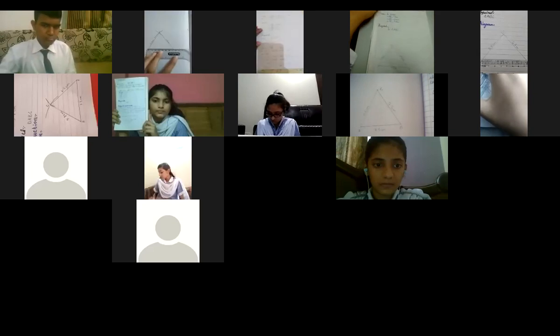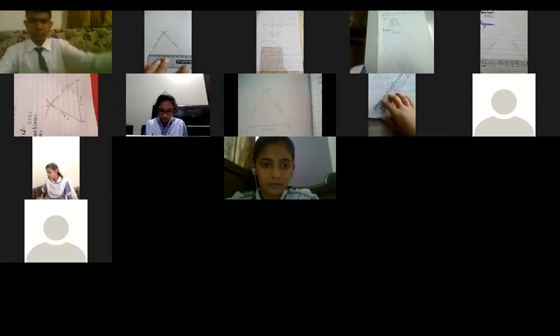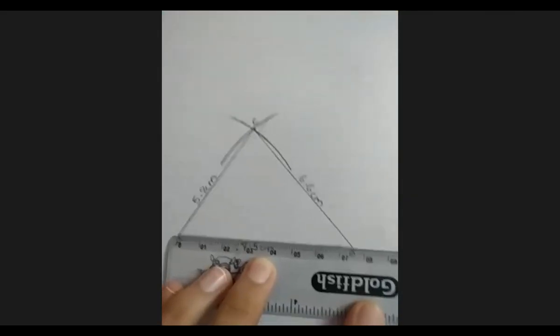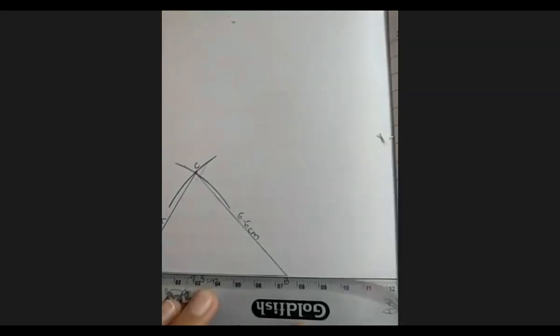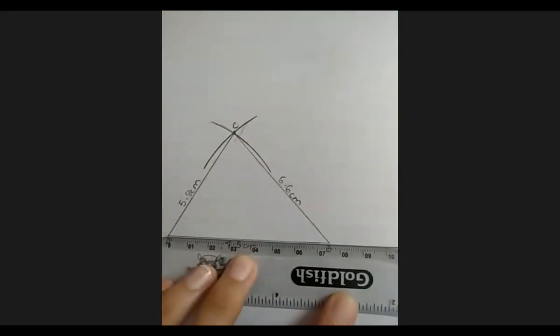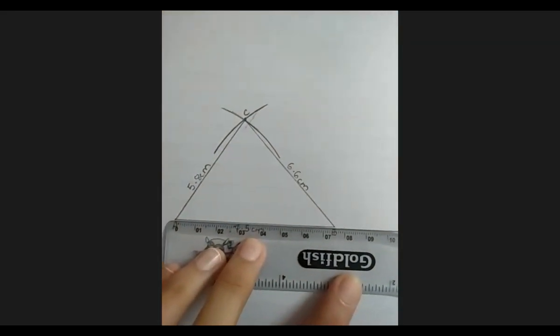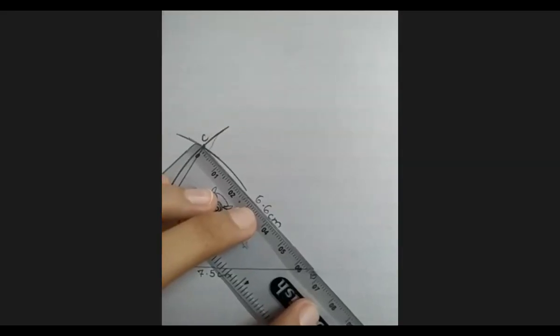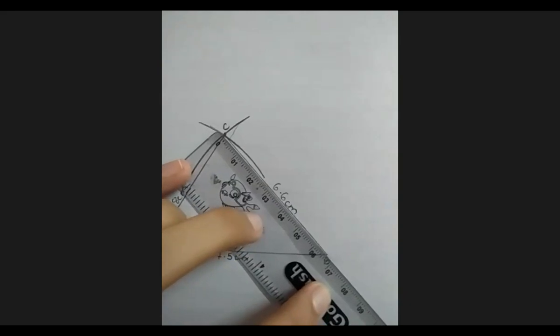Okay, who is ready here? Vanya is ready. Beta, you all have to show me the copy in the way in which Vanya and Jay Kumar are showing their copies, okay? Now 0 till 7.5, very good. Now show me BC is equal to 6.6 centimeter.